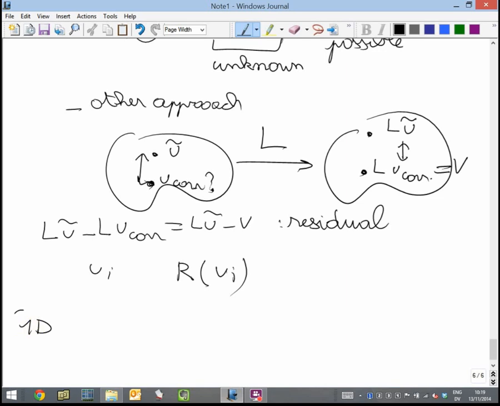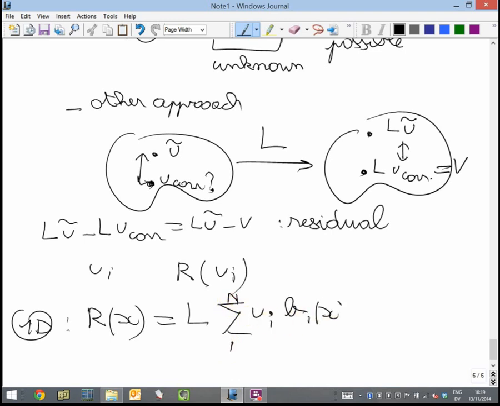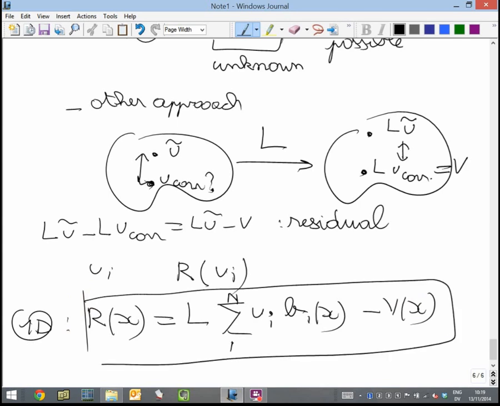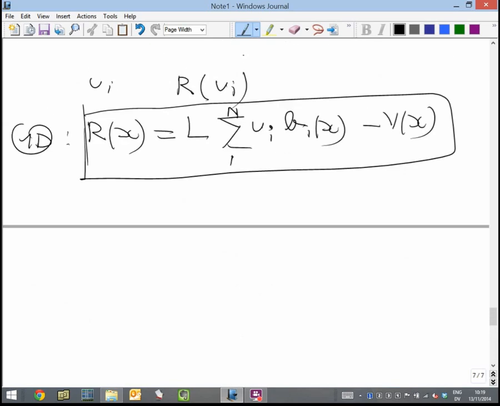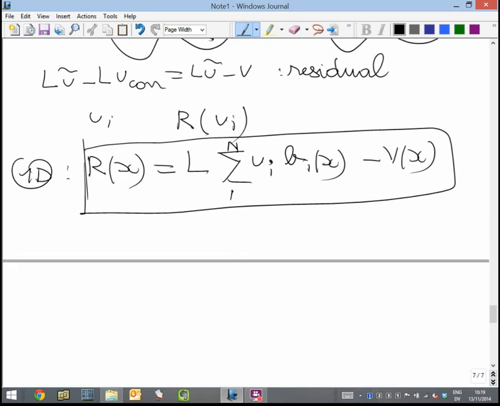If we write this in one dimension to make this a little bit more concrete, we have our residual, which is of course a function of x, and it's L operating upon our U tilde, which is a sum of a finite number of basis functions, unknown coefficients U sub i, known basis functions B of x, and we subtract the V of x. So this is our residual, and we can calculate this residual as a function of the unknown coefficients. And then hopefully by imposing some condition on our residual, we will be able to calculate our unknown expansion coefficients. So that's the next step.